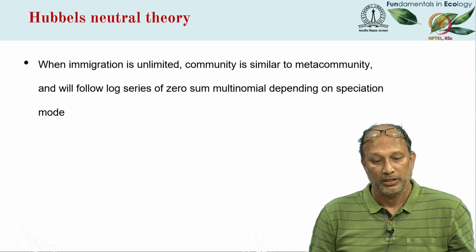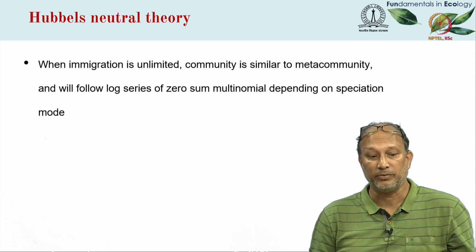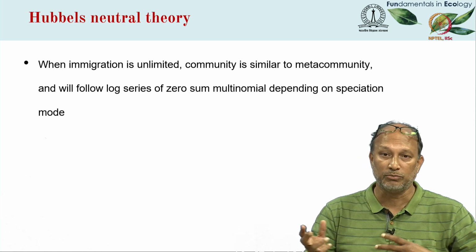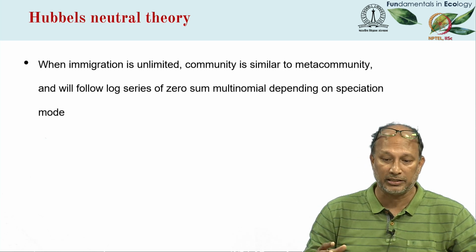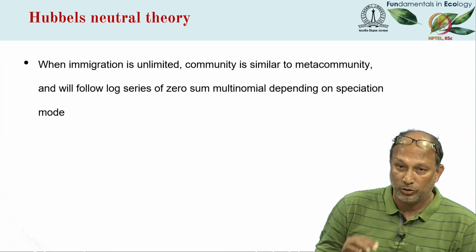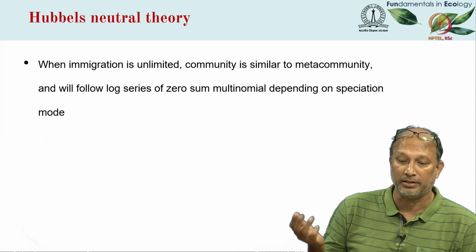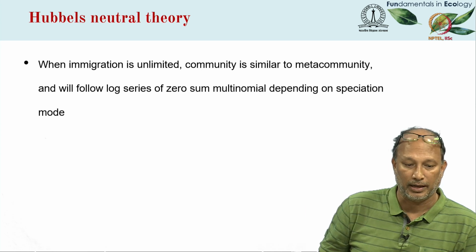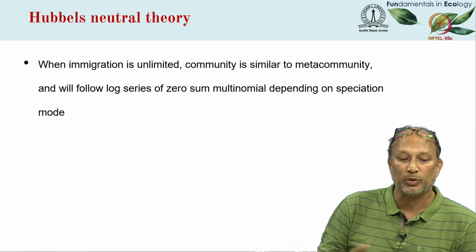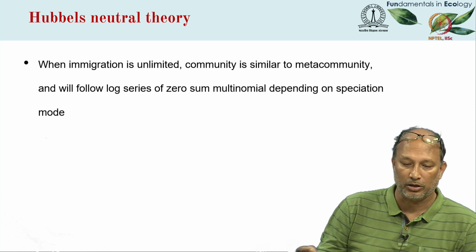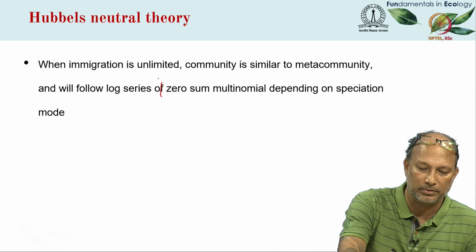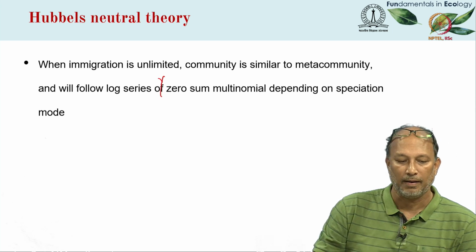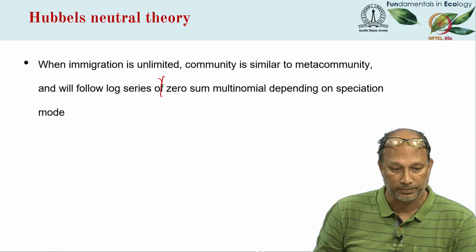and other outcomes, such as when immigration is unlimited, which is that individuals can move between these communities in the meta-community. So obviously when immigration is unlimited, the community is similar to the meta-community because there's unlimited movement, and this will follow a log series or a zero-sum multinomial depending on the speciation mode.